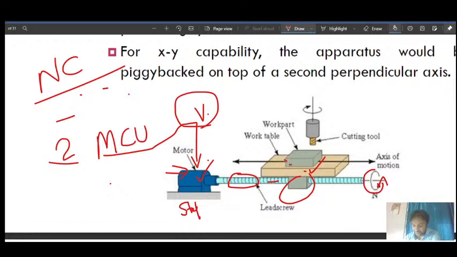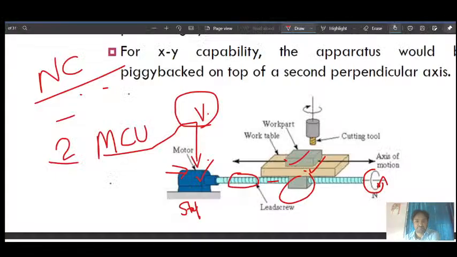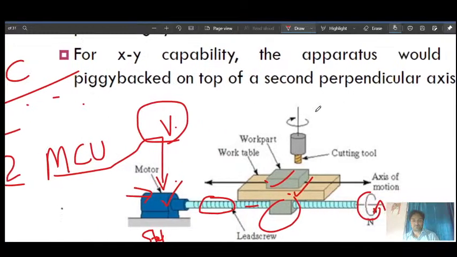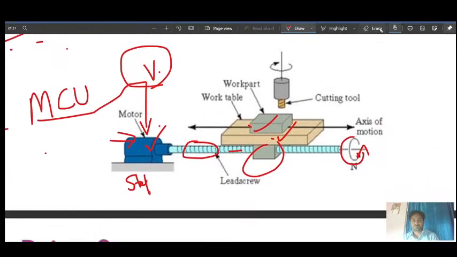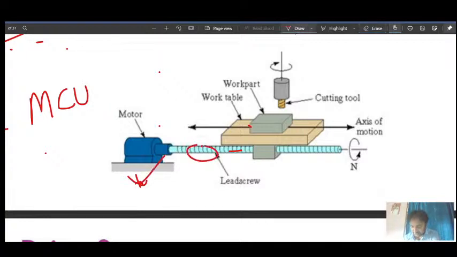So on table the workpiece is there. Okay, so let me zoom a bit. We have this system, motor, and this lead screw, then work table, and on it work part and cutting tool, and this one is the one axis of motion.